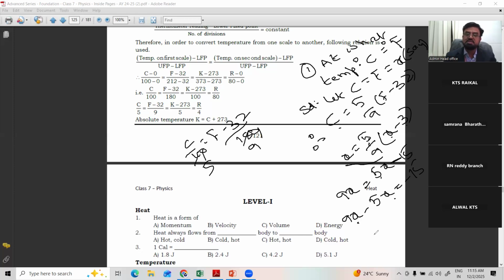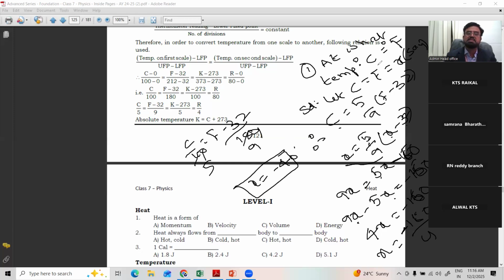So 9X minus 5X is 4X, and 4X is equal to minus 160. So X is equal to minus 160 by 4, that is X is equal to minus 40 degrees.